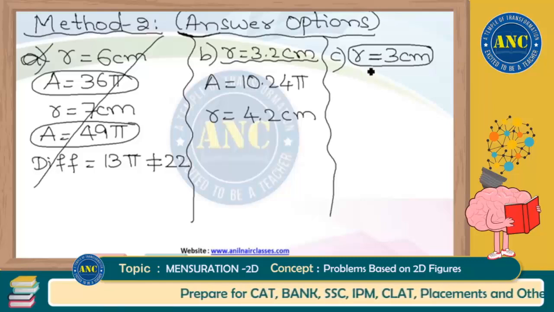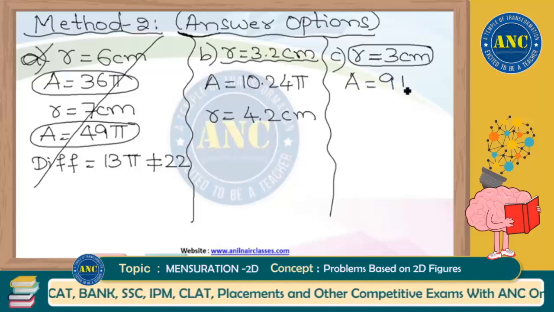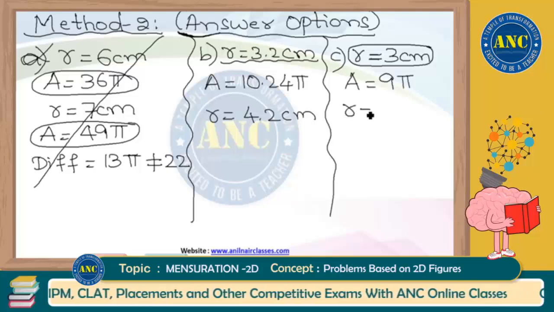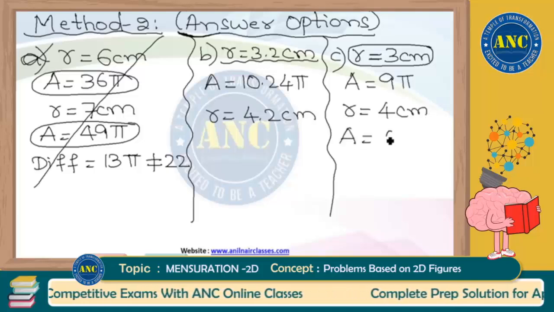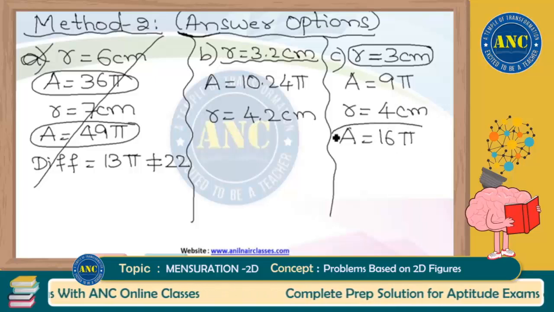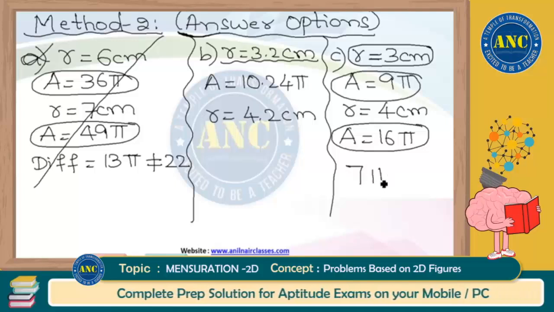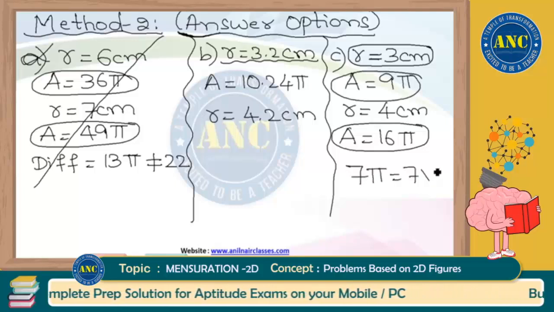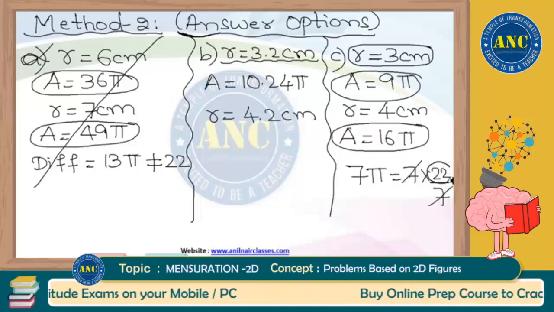Now if I take r as 3, area is pi into 3 square, 9 pi. R increases by 1, r becomes 4, area becomes 16 pi. Now the difference between new area and old area, difference is 7 pi. 7 pi is 7 into 22 by 7. This 7 will cancel. You are left with 22.